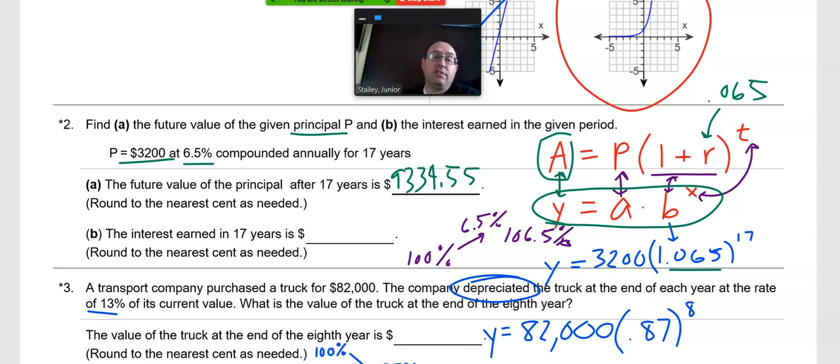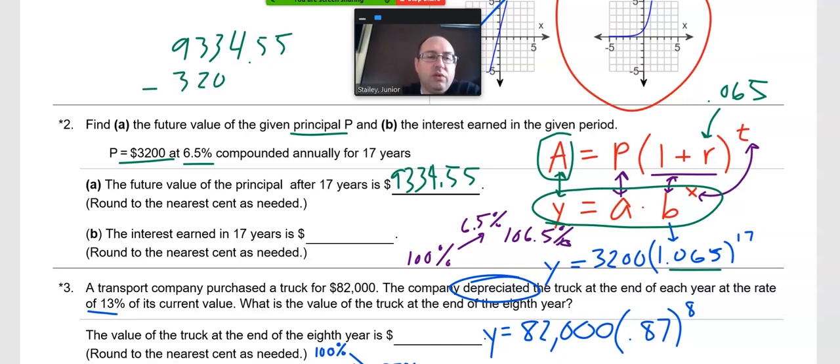The interest earned in 17 years. Oh my goodness, I didn't pay attention to this question. Interest earned? Well, I'd have to take that 9334.55, and I would have to subtract $3,200. Now, why would I ever want to know this? You don't, but the government wants to, because they want to take your money and tax it.